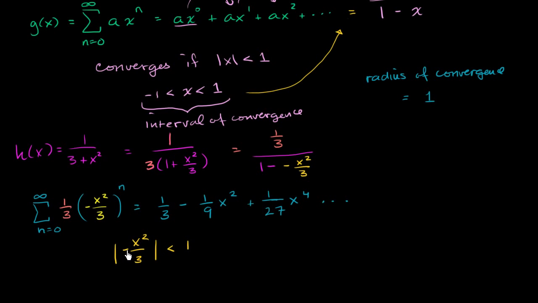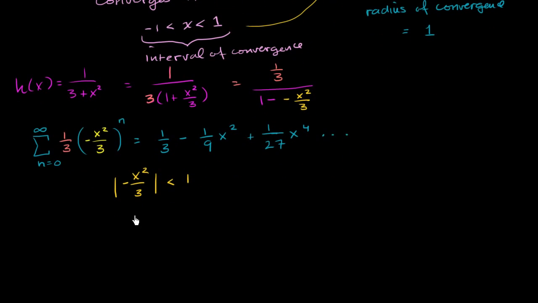Well, this is the same thing as saying that the absolute value of x squared over 3 has to be less than 1.